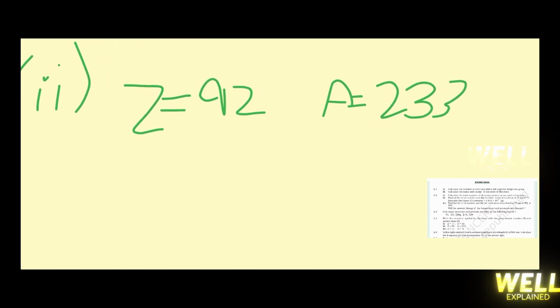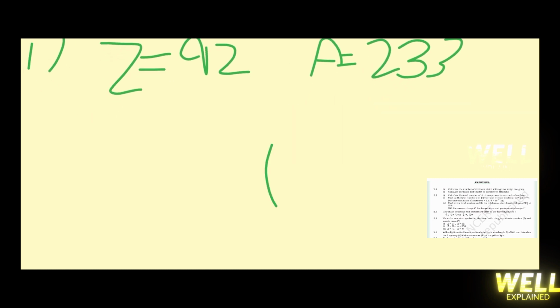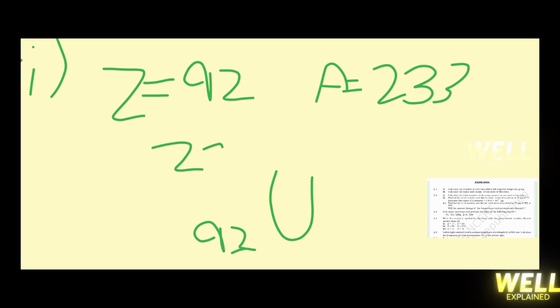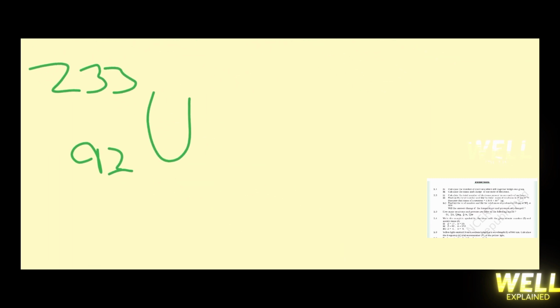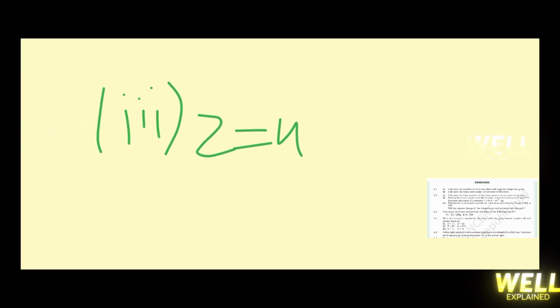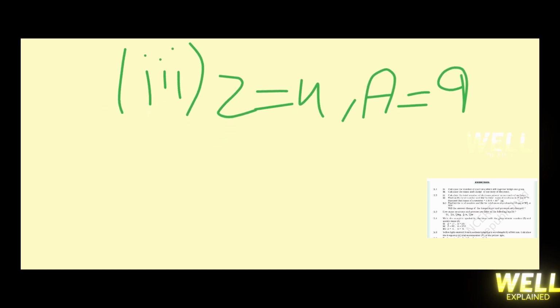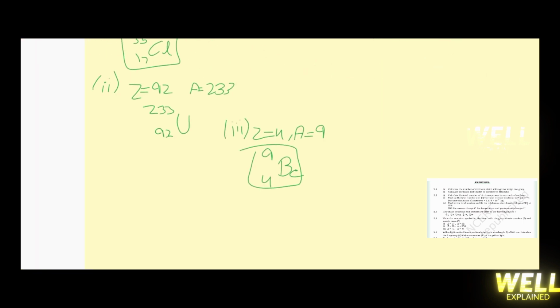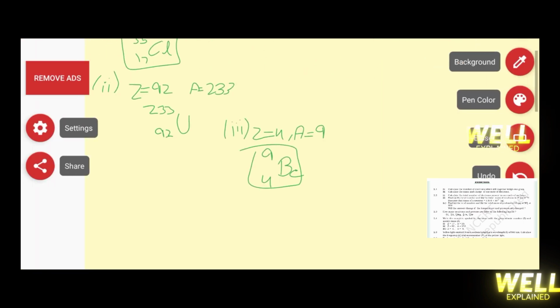So atomic number 92 is possessed by uranium, symbol U, 92, and atomic mass 233. And now part third, Z equals 4, A equals 9. So 4 is the atomic number of beryllium. So we are done with question number 4. Let's move on to question number 5.